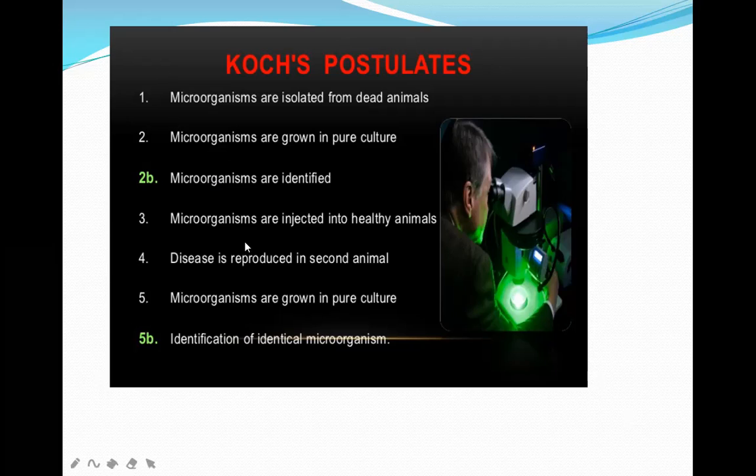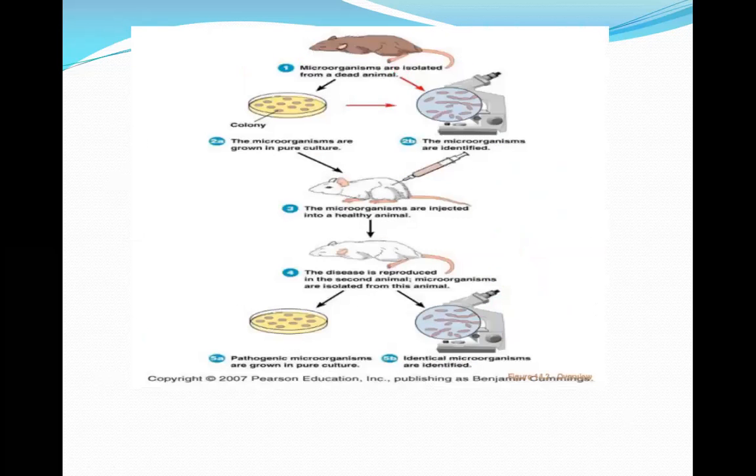In the next step, microorganisms are injected into healthy animals or healthy plants. Next, the disease is reported in the second animal. If the disease is reported in the second animal, microorganisms are grown in pure culture again. Identification of identical microorganisms shows that the disease is caused by the previous microorganism which was isolated from the dead animals. Okay?